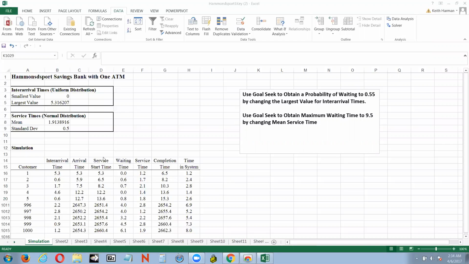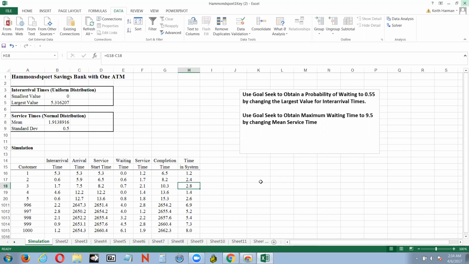And notice this, the service start time is 5.3, the arrival time is 5.3, the inter-arrival time 5.3. Notice this, the service time is 6.5. They arrived at 5.9, so their inter-arrival time is 0.6, and that equals that difference. And the service time 1.7.